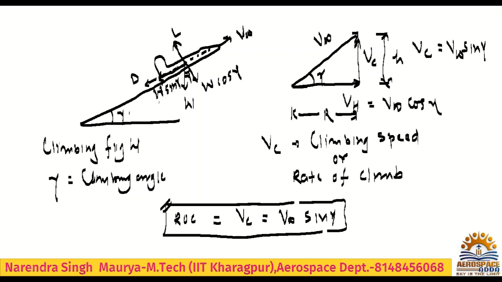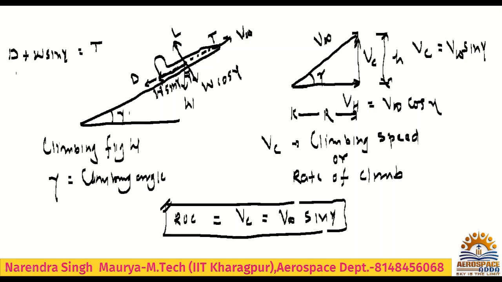If you write the equation for this, you will get D plus W sin gamma is equal to the forward motion, which will be thrust.